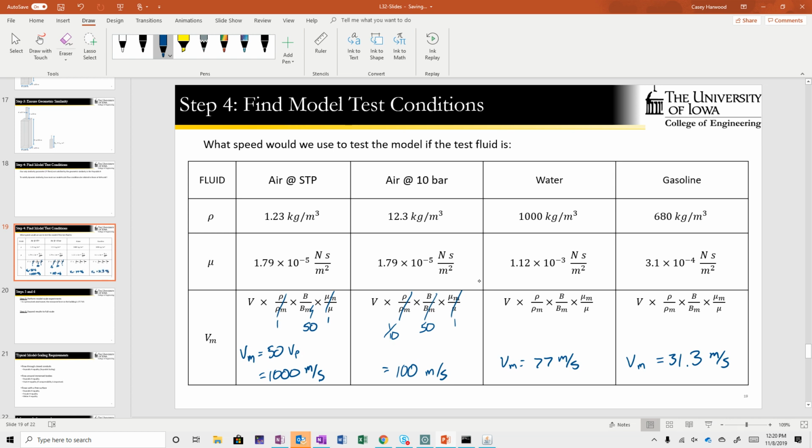In any of these conditions, if you were to compute the Reynolds number, plugging in Vm with our mu m, our rho m, and the dimension B of the model, we would in each case get our 2.75 times 10 to the 7th power. That's what we're doing here: solving for the velocity needed to achieve that Reynolds number similarity. I think that we're going to have to finish up with the last few steps in this on Monday.